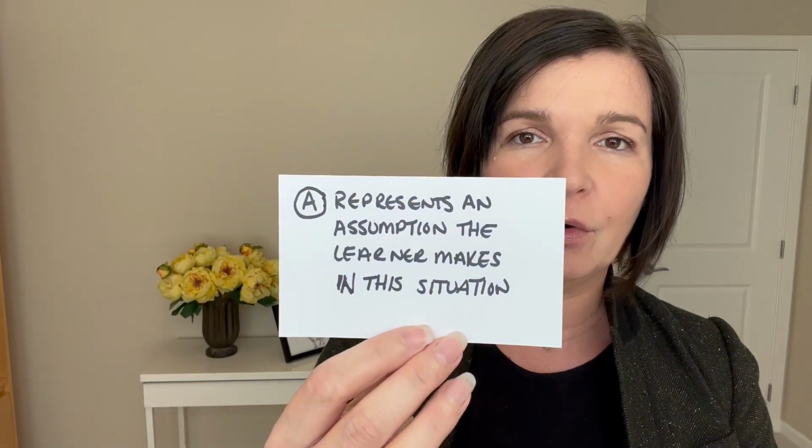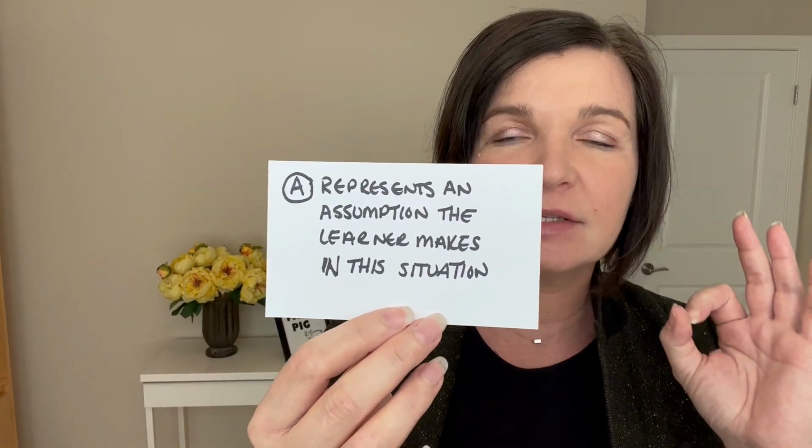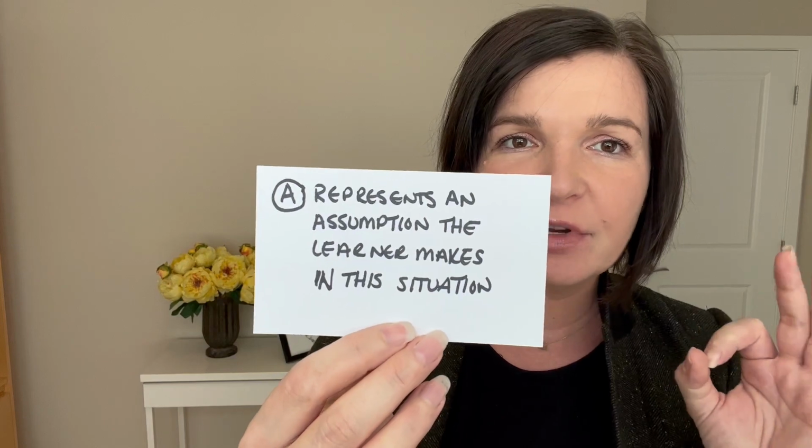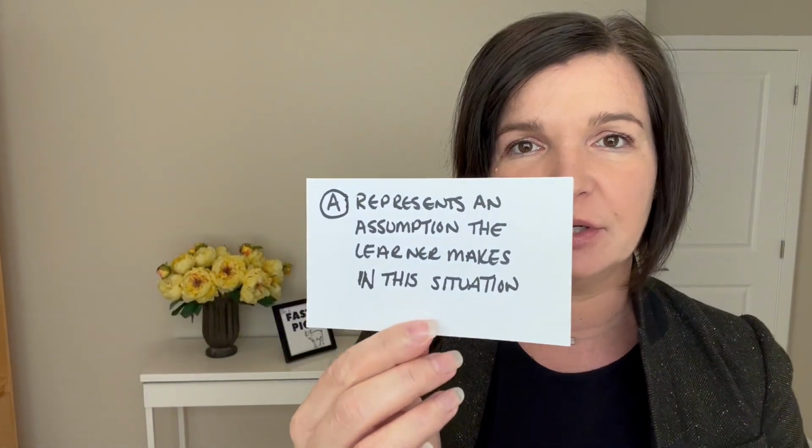And here's how I want you to think about it. Let's say, not saying you have to follow this framework, but it's good to think about it this way for the future, and then you build on it and deviate as you wish, okay? So let's say all of the A options, or there's always an option in your scenario choices, represents the assumption the learner makes in the situation.